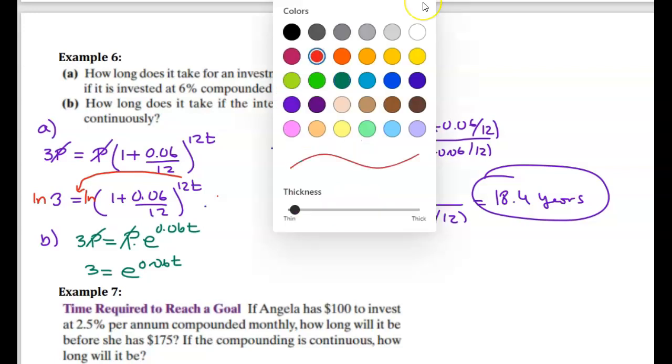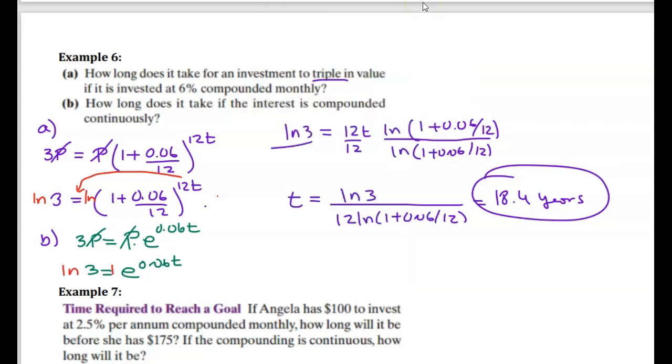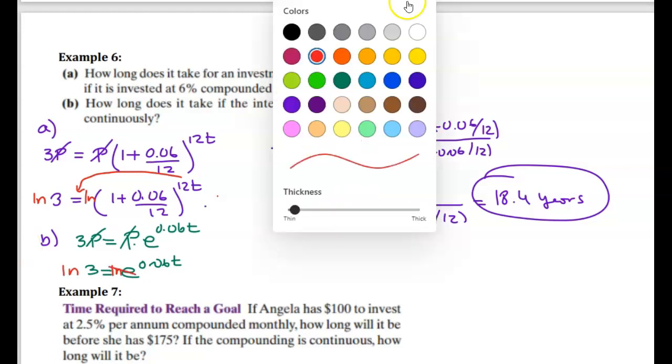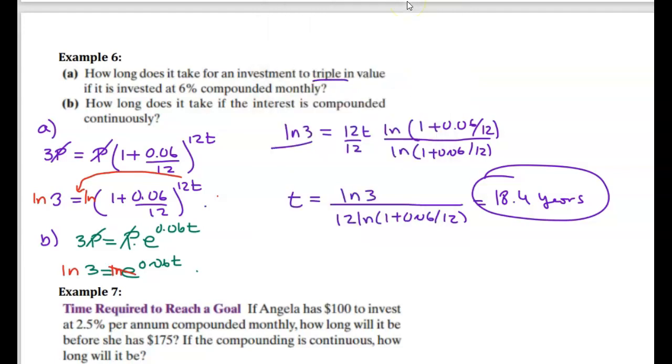Take the log of both sides, ln and ln. Here, ln and e are the same base, so we cancel it out. And we have ln of 3 equals 0.06t. Divide both sides by 0.06. We have t is ln of 3 divided by 0.06.